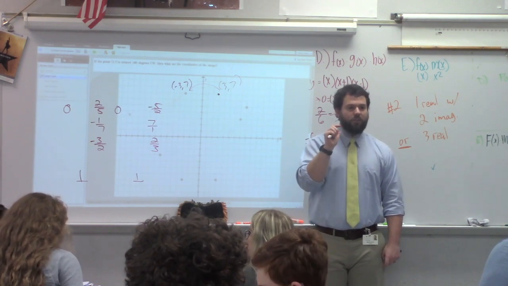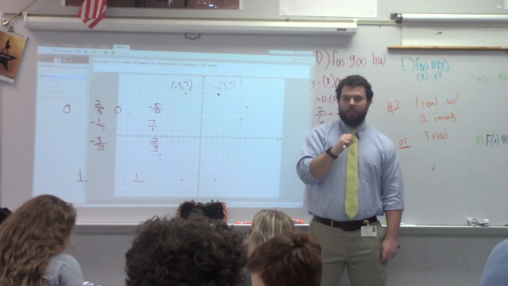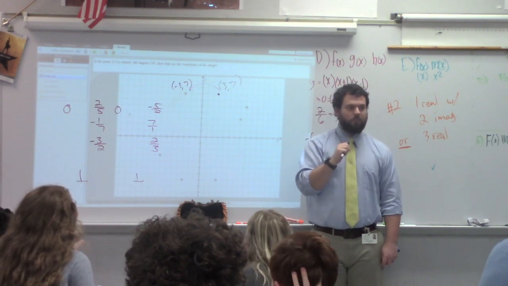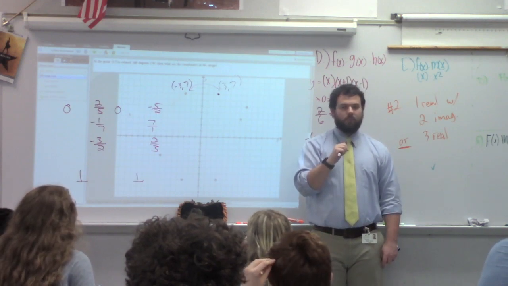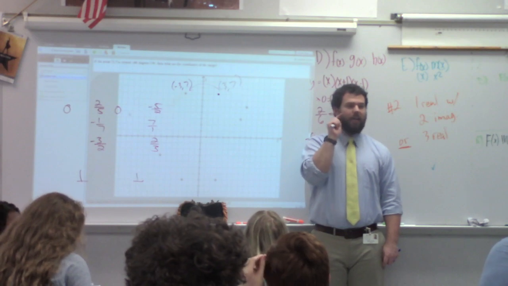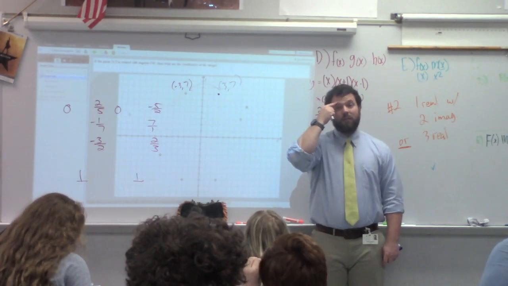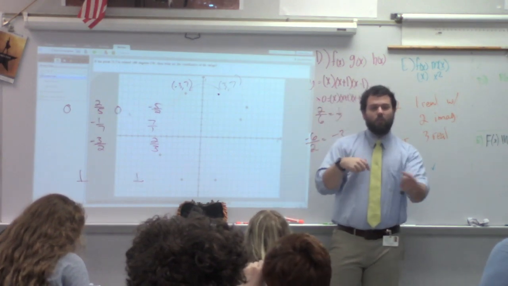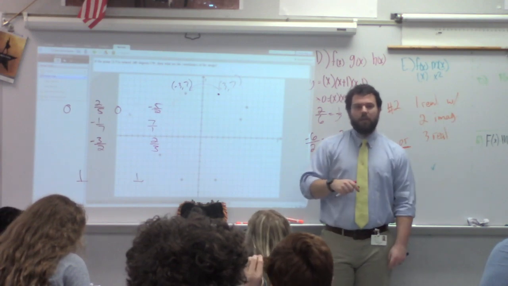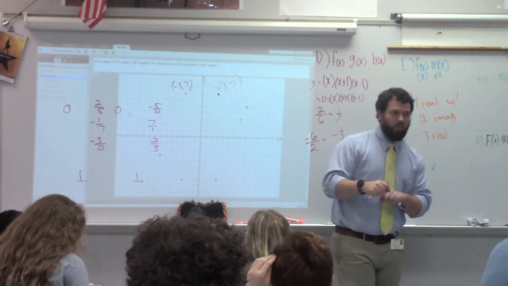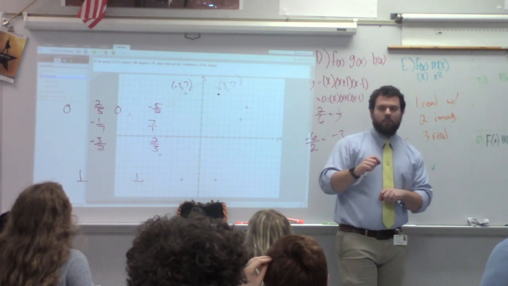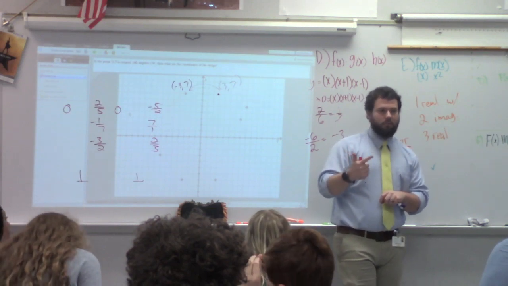So, if there's a reflection, what mathematical operation goes with that? Multiplication by a negative, right? If it's over the x or y axis, you're multiplying by a negative 1. If you're translating, what operation goes with that? That's addition and subtraction.